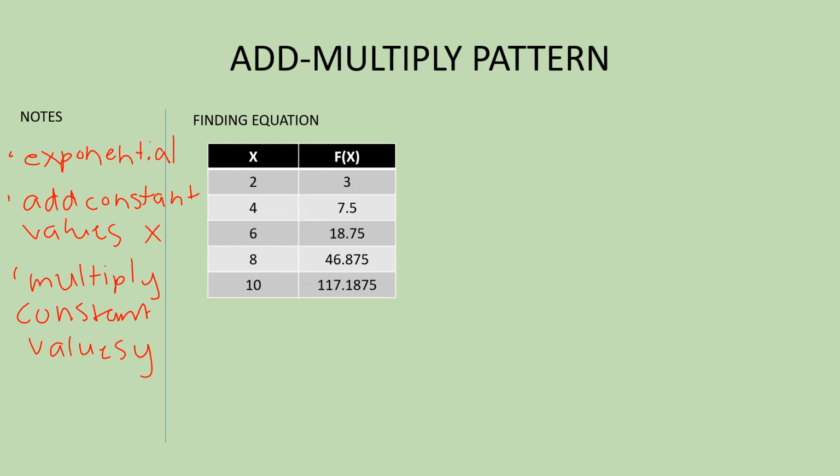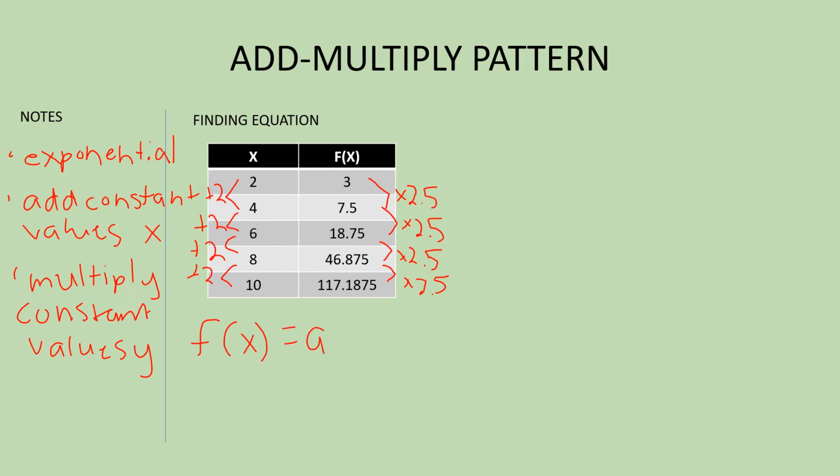And we are going to look through our table, and this pattern does hold true because we are adding 2 to each of those, and we are multiplying each of these by 2.5. Now, we know that the equation for an exponential function is f of x equals a b to the x.